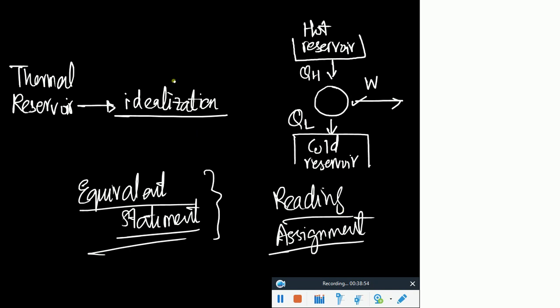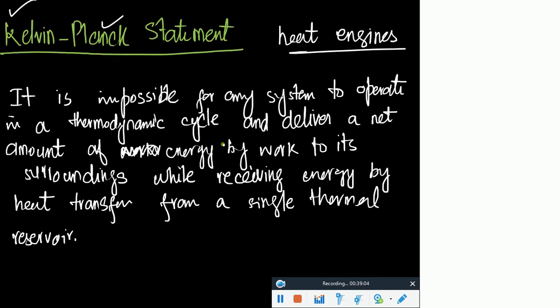Now there is the quantitative side of that law, of that statement. Deliver a net amount of work to its surroundings. It means that the work of a cycle cannot be positive. If the system does some kind of work on the surroundings, it would be taken as positive. Now it says that in this scenario, if you have a single thermal reservoir, you can't have positive work.